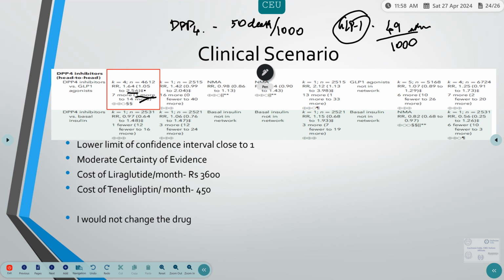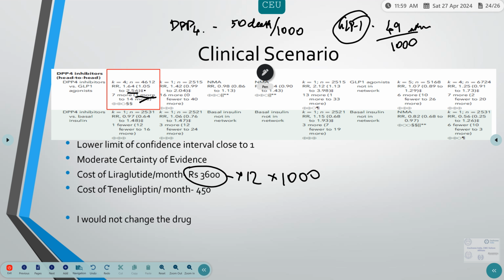So what is the cost of GLP1? The cost of liraglutide per month, and the average follow-up was 52 weeks. So you have to give this for 12 months, and you have to treat 1,000 patients. What is this? 3,600 per month.